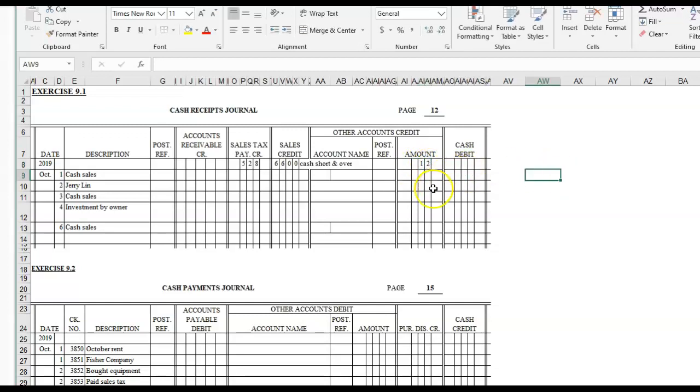So let's look. We're going to have to add all this up because it's a credit. This is a credit. This is a credit under other accounts credit. We have to add up 3 credits to figure out what our debit's going to be. And if you add all those up, it should be $7,140.